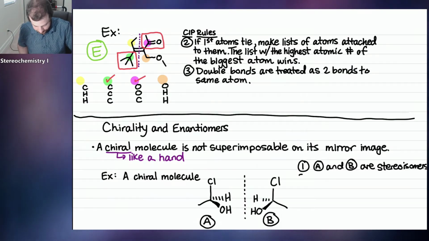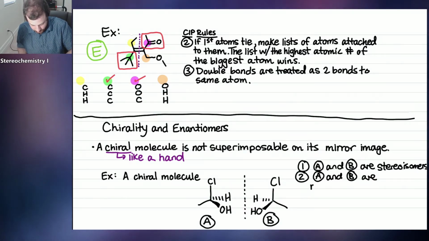Point 2. A and B are non-superimposable mirror images of each other.